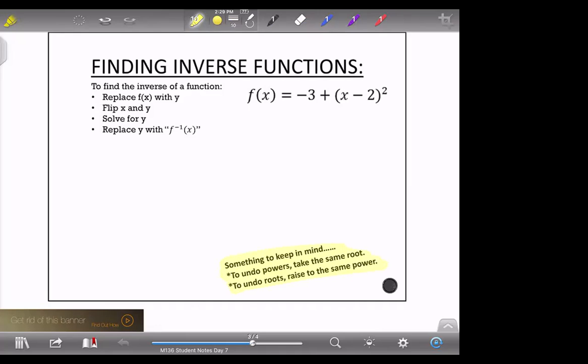So our 4 steps stay the same. It's just we need to remember if we're trying to get rid of a power, we're going to take the same root. If we're trying to get rid of a root, we're going to take the same power. So now we have f of x equals -3 plus, and then in parentheses, x minus 2 squared.